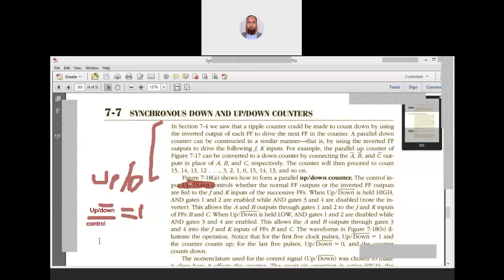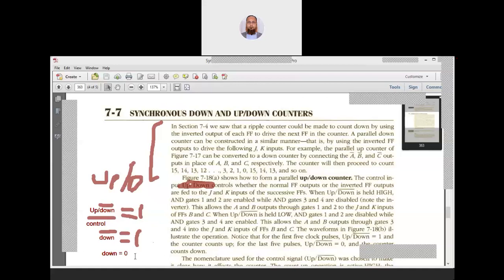Down bar is low, and down bar is 1, which means down is equal to 0. So down is 0. This is the control input.